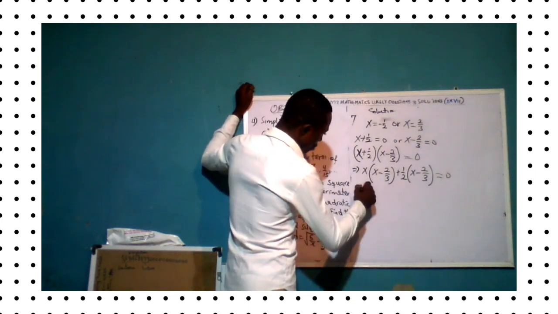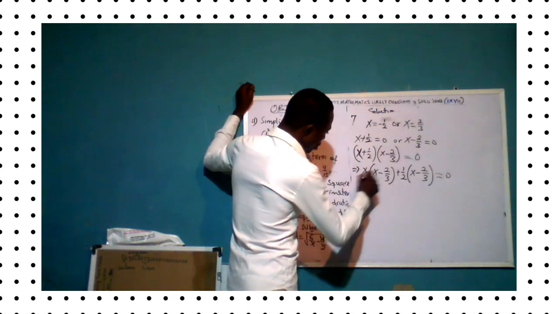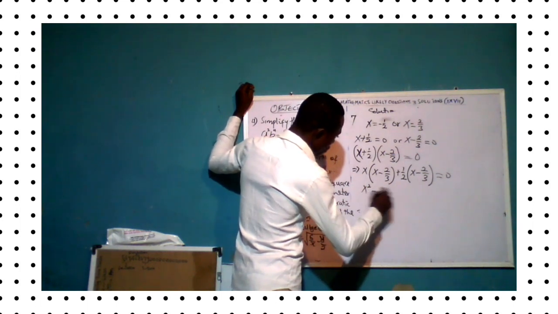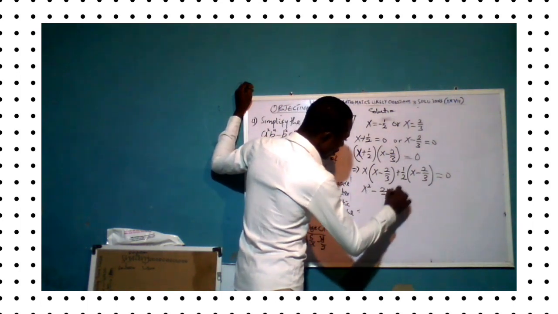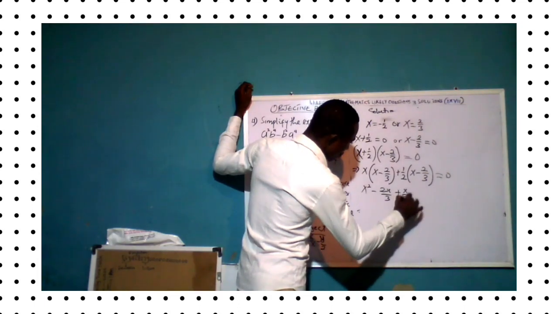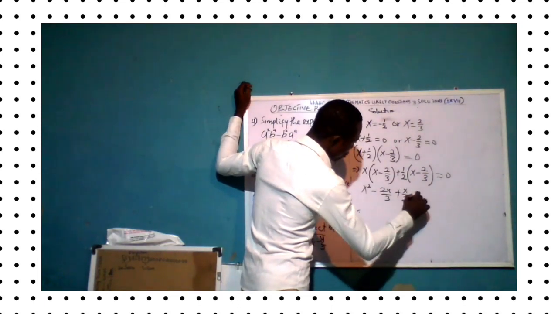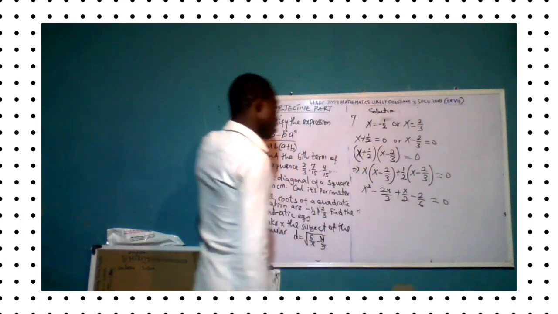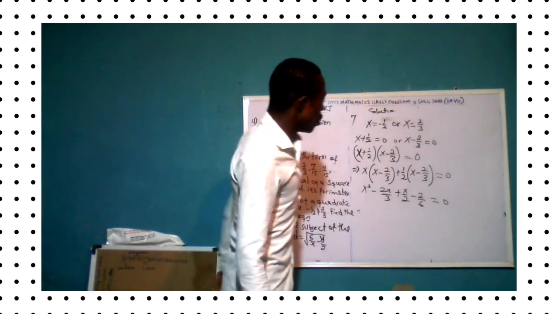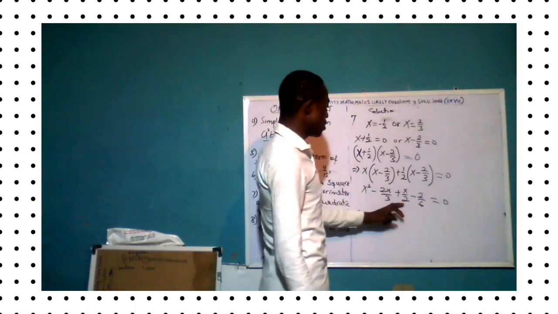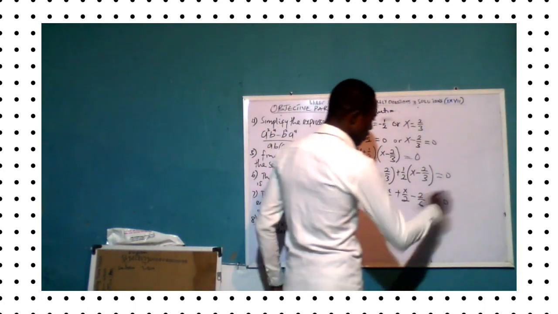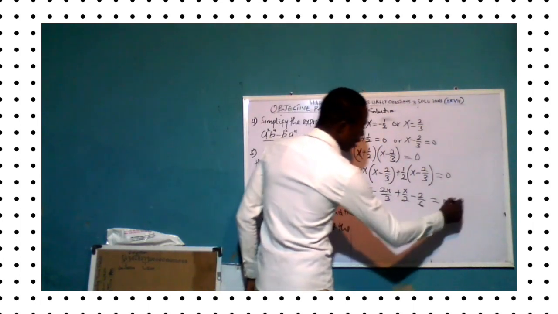And if you multiply this out, it will give you x squared, and you have minus 2x all over 3 and plus x all over 2 and minus 2 all over 6 equal to 0. If you look at it very well, the lowest common multiple of this denominator and this denominator and this denominator is 6. Therefore, multiply the whole equation by 6.